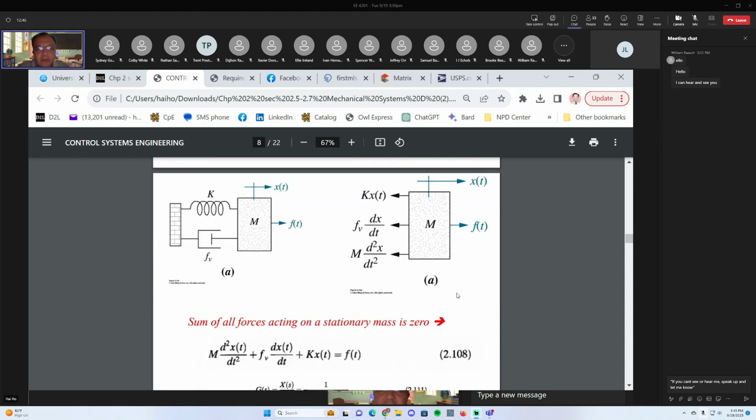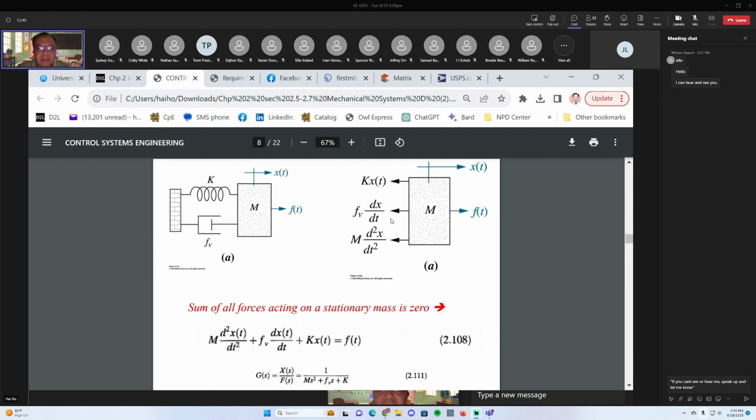Okay, so we're going to look at a very rudimentary mechanical system. Think of this as maybe like a simple RLC circuit, if you will. A mechanical system always has a mass, and it always has some spring constant.